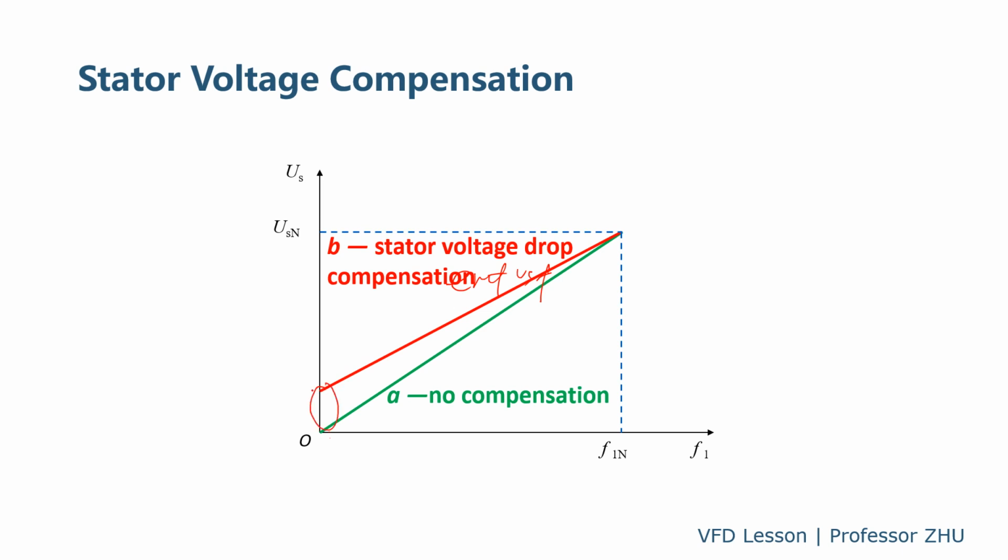So the actual motor terminal voltage will be the red curve, not the green one. This is the voltage drop on the stator for compensation. But at high frequency and high voltage, because the portion of the voltage drop is very small, it can be neglected.